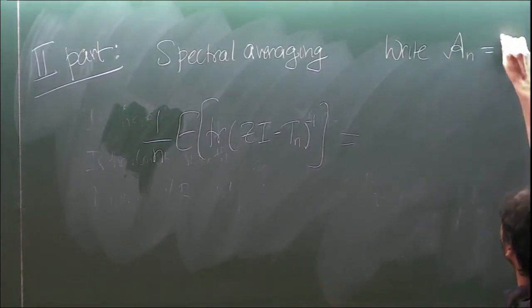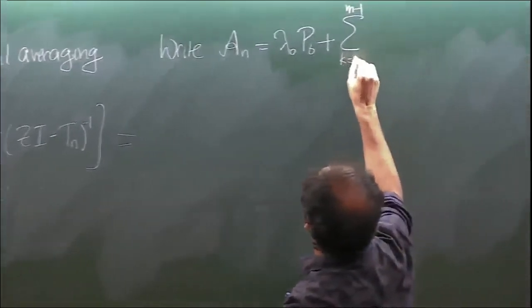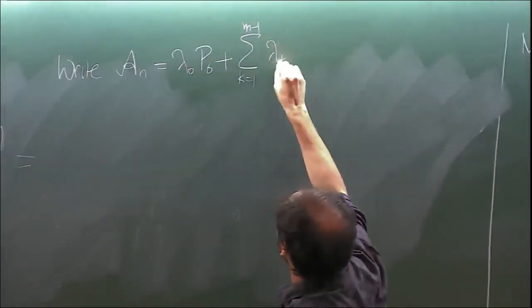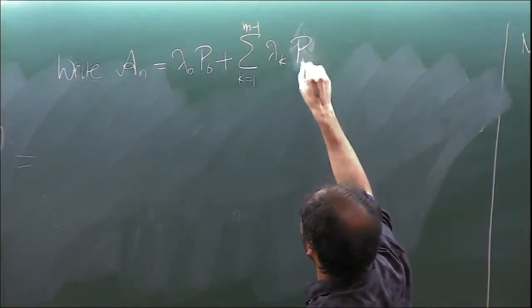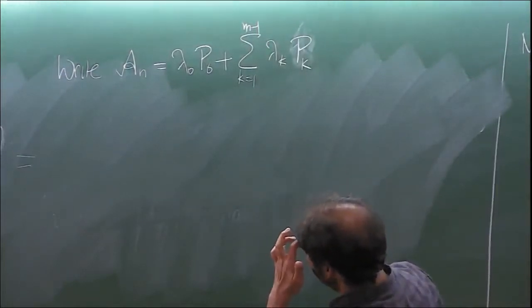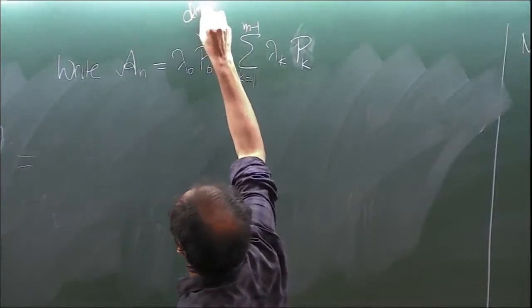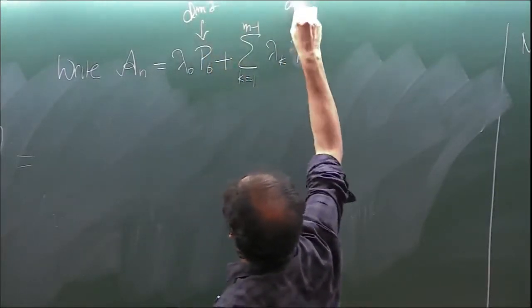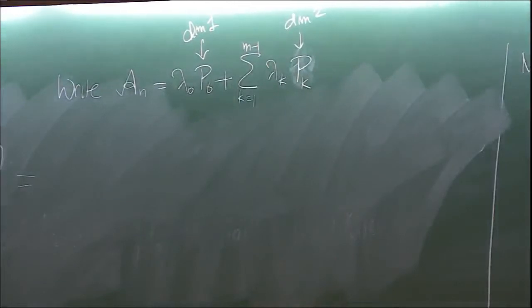So let me write, what turns out is that it's not that all the n eigenvalues are independent.